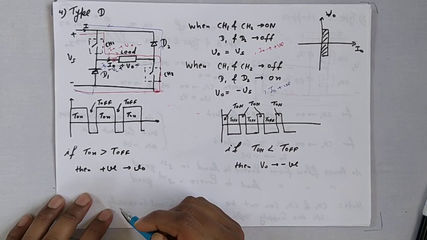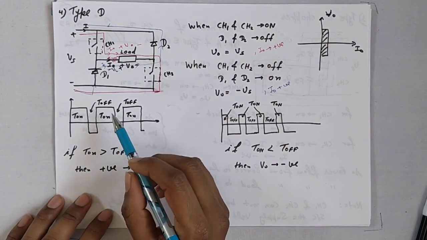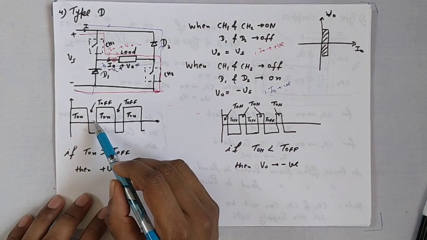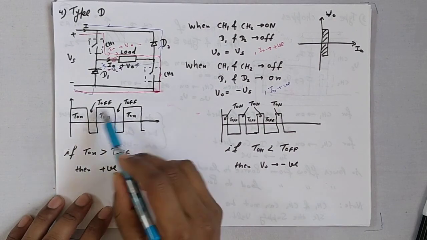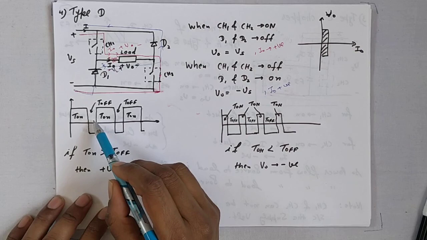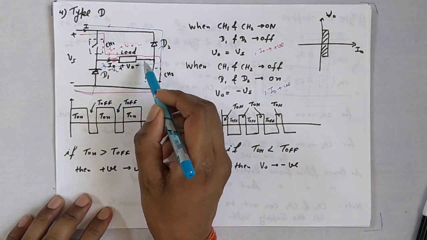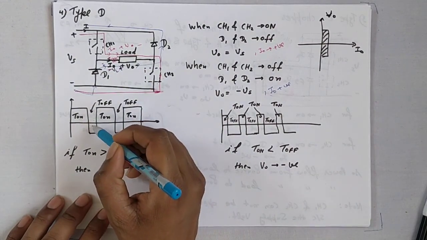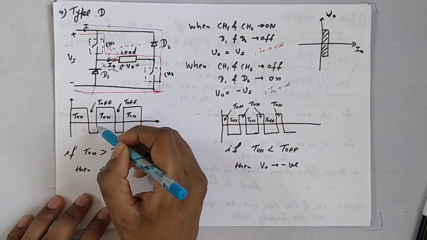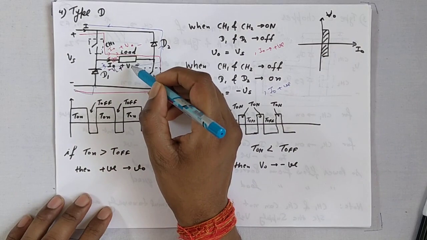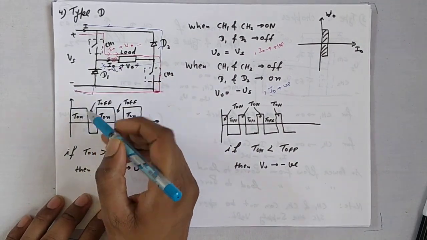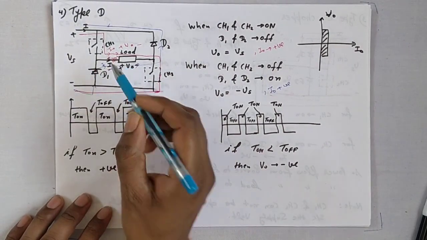Suppose you make CH1 and CH2 turn on and off. If the turn on time is greater than the turn off time, then the output voltage is positive, because in this time the stored energy flows from load to source, and in this time power flows from source to load.